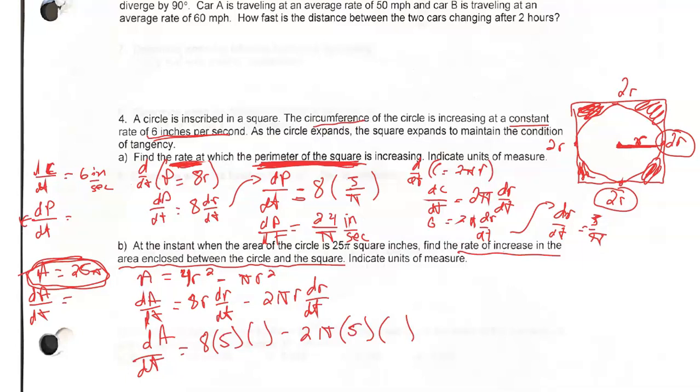And then dr dt is the answer to our previous question up here, 3 over pi. So we got 120 over pi minus 30. These pi's would cancel. That's our answer, our unit. Now this is area with respect to time. So this would be inches squared per second.